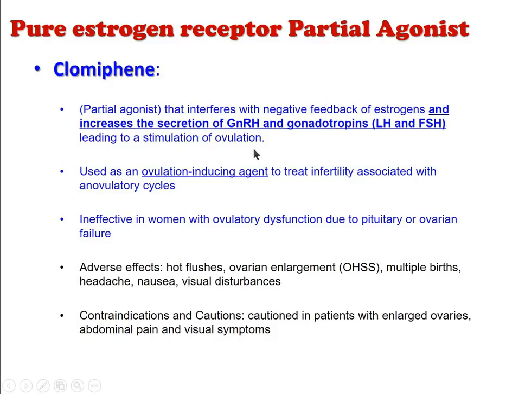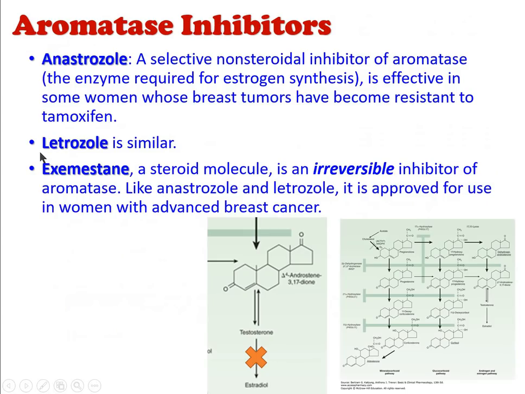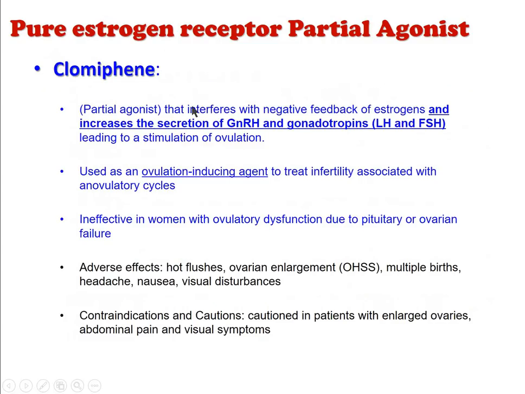But if there is nothing there, this drug is not going to work, because it was stopping the brake, right? If there is no ovulation, it's not going to work. If there is hypothalamic or pituitary failure or dysfunction, this drug is not going to work, because it is basically facilitating the secretion of GnRH and gonadotropins. So if there's something wrong here, this drug is not going to work.